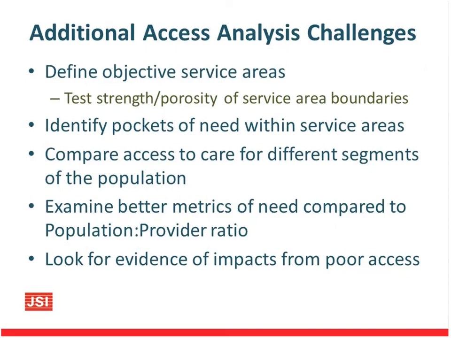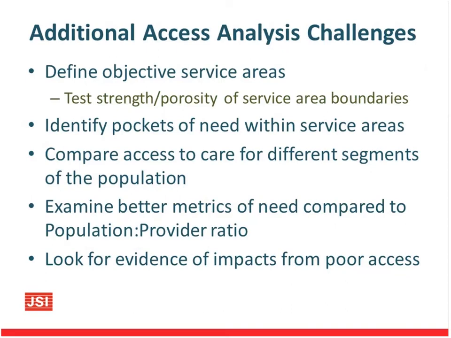So what's an objective service area? How strong is that service area? There's no such thing. I used to have a slide with a picture of a desert island with one palm tree. That might be a perfect service area. But otherwise, anytime you draw a box around a set of communities, that's not a perfect service area. Some people are coming into those communities, and some people are going out.